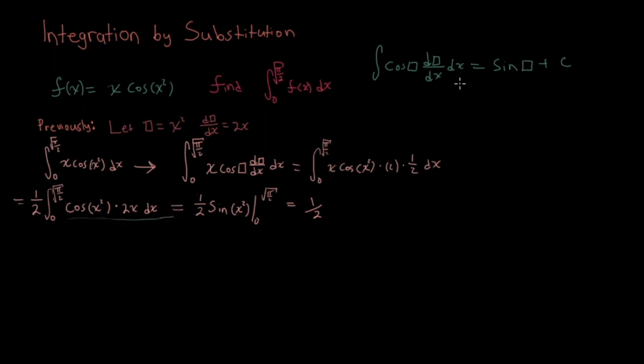We have cos x squared times d box by dx. When we integrate, we get 1 over 2 times sine x squared, and on our interval from 0 to root pi on 2, we put that in, and as a result we get our answer, which is 1 over 2.